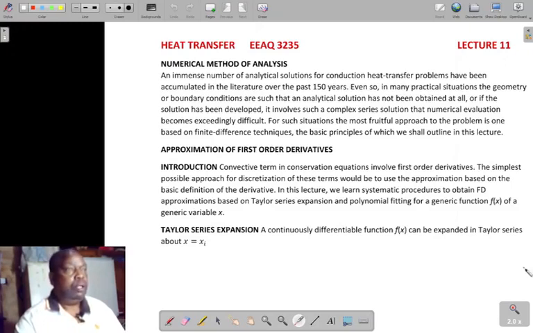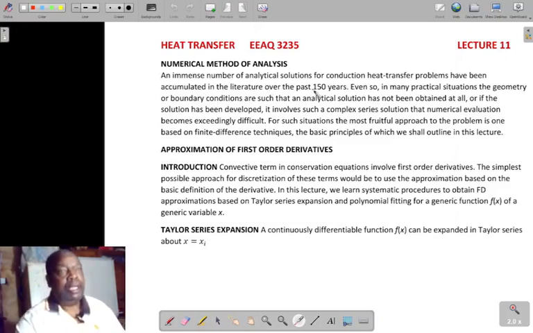Now today we're going to have a look at numerical methods of analysis of heat transfer problems. As we know, we have quite an elaborate analytical solution and methods for solving heat transfer problems.